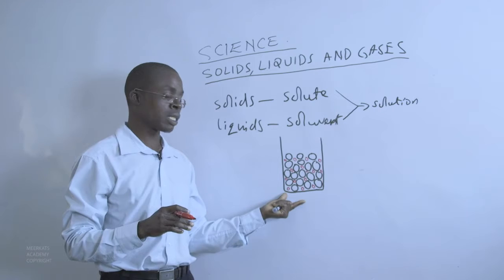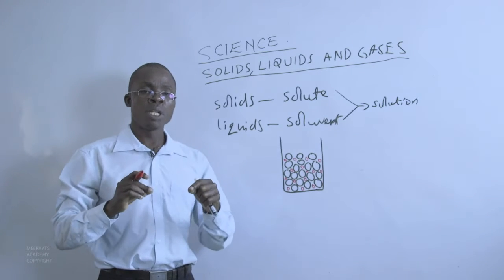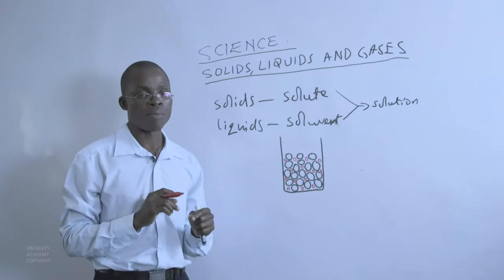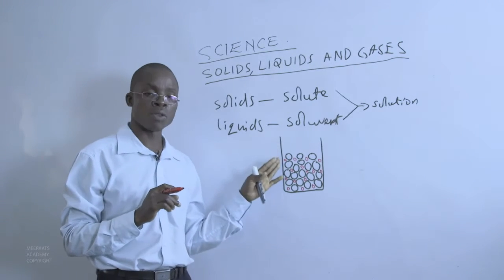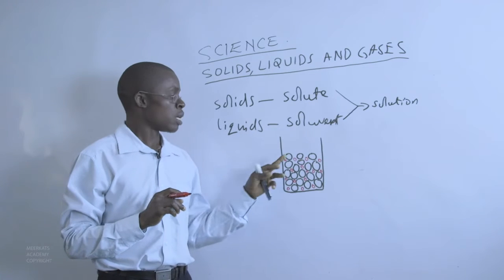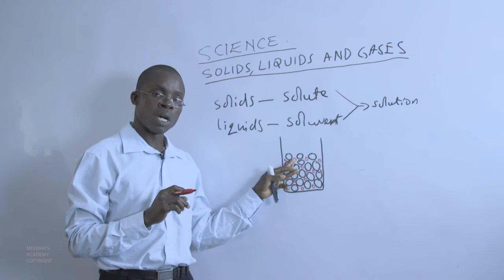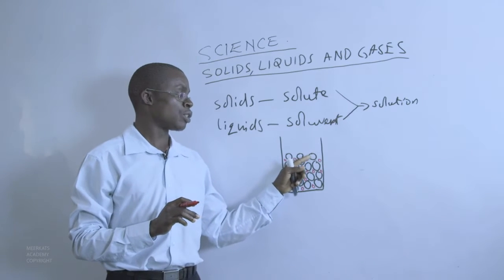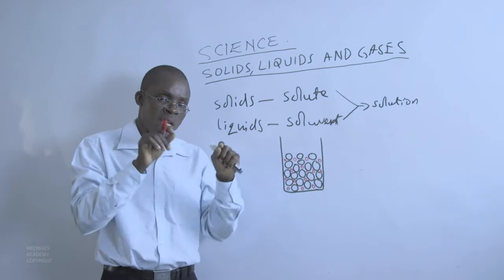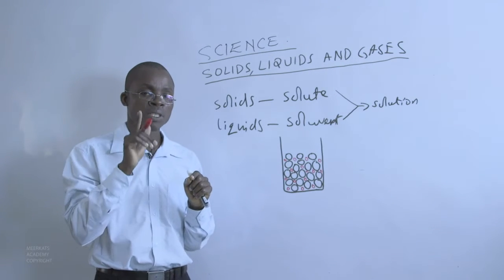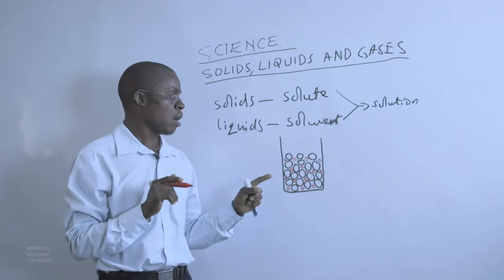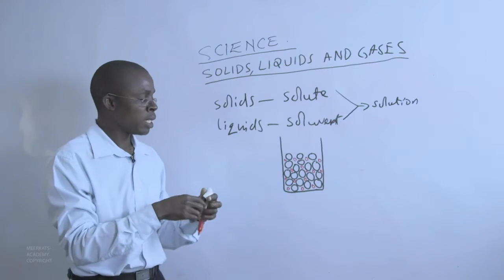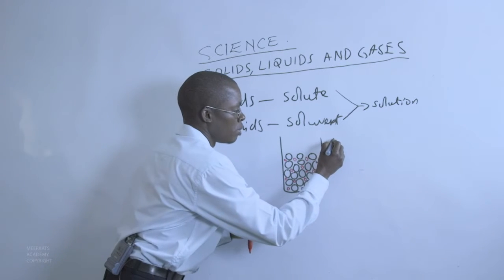However, at this stage, the dissolving process is not yet over. It is just one of the steps: the solute rolls into the spaces between the solvent particles. That is the first step.